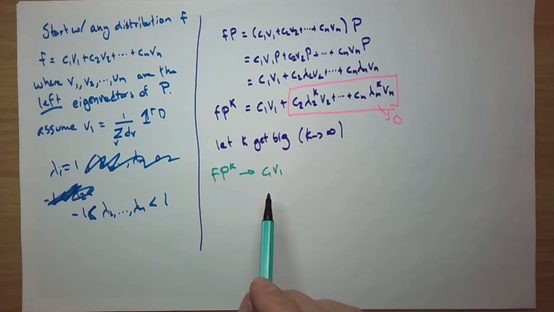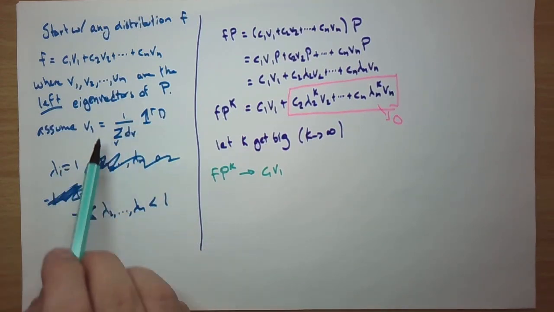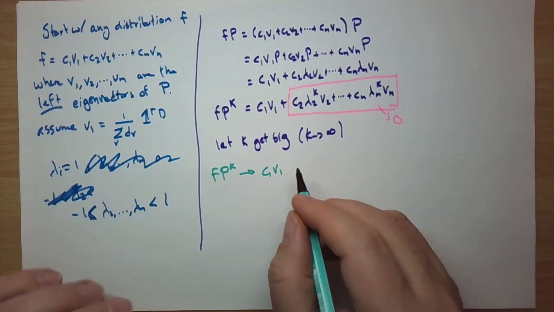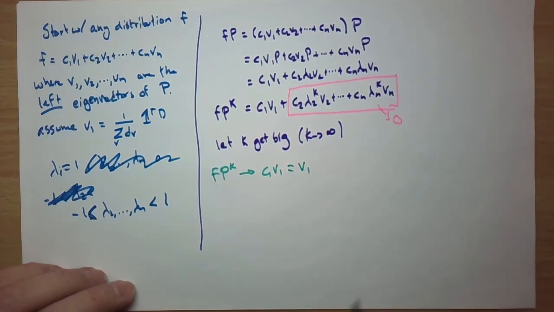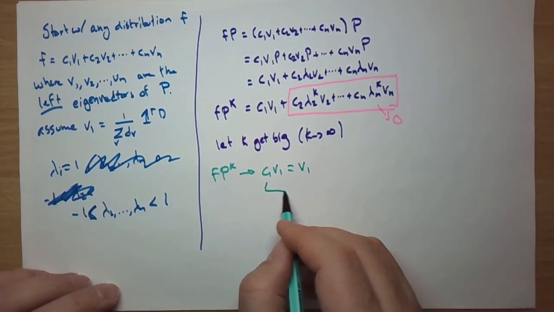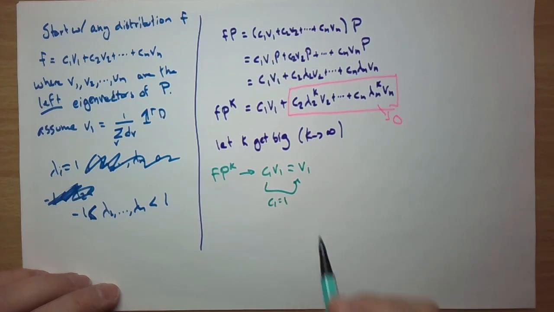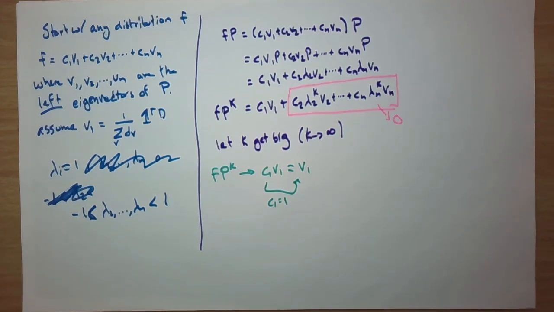Well, we've already fixed V1 with the sum of the degrees. So the answer is, it actually has to be that C1 equals 1 to be a probability distribution. So it's converging to a probability distribution, and we know V1 is already a probability distribution. So anything that's a multiple of a probability distribution, where the multiple is not 1, won't work, because you can't get your sum equals 1.